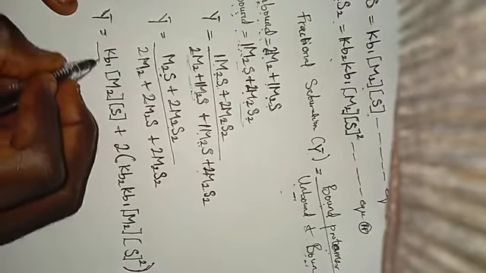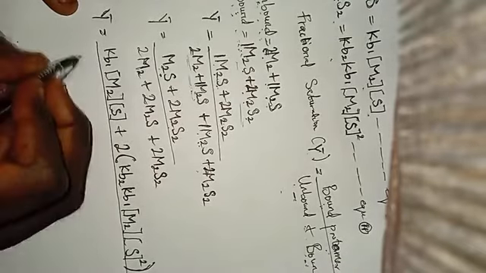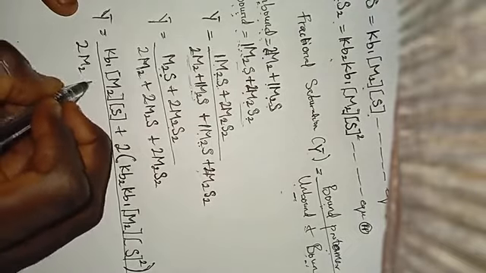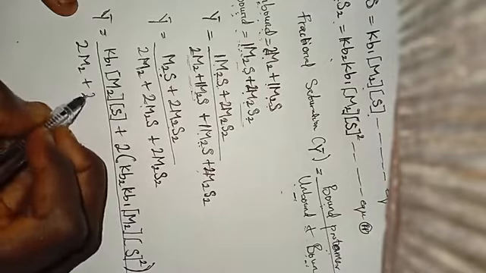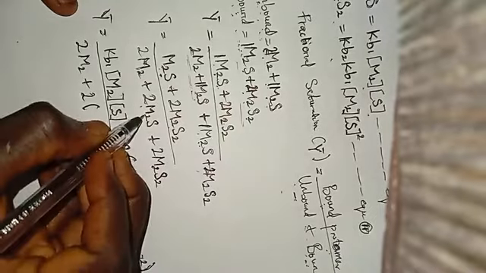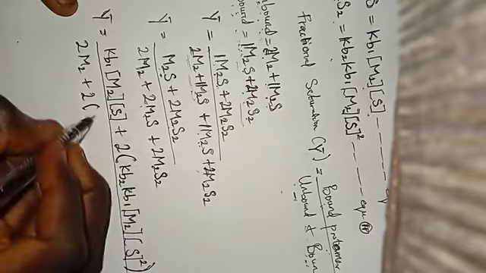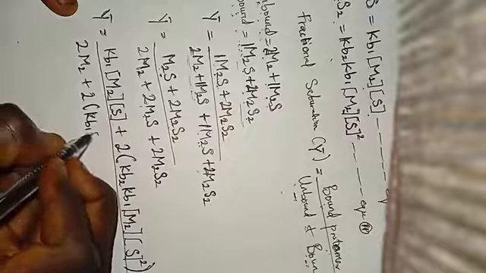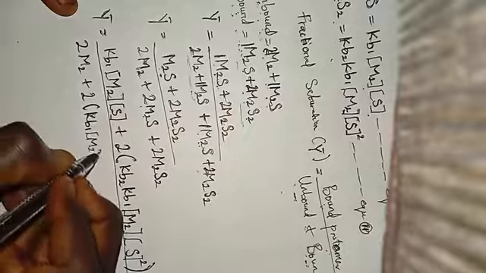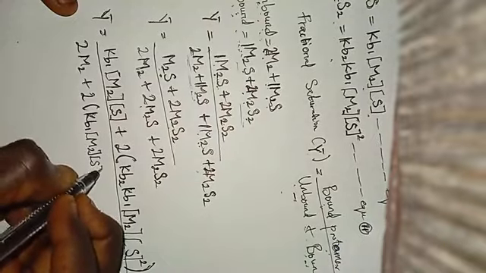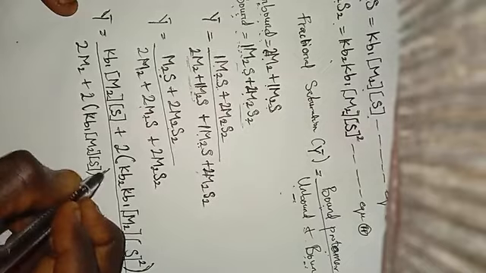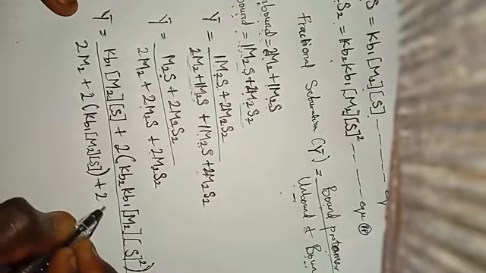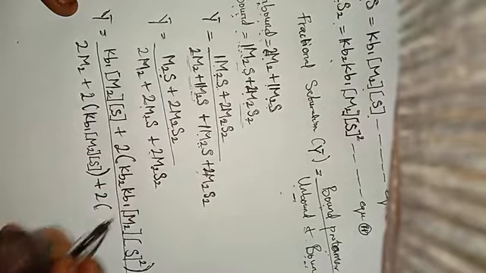Now let's continue, all over 2M2 plus 2, open bracket. What is M2S? M2S is the same thing as KB1, M2, S. Then you close this place, then plus 2, open bracket. What is M2S2?